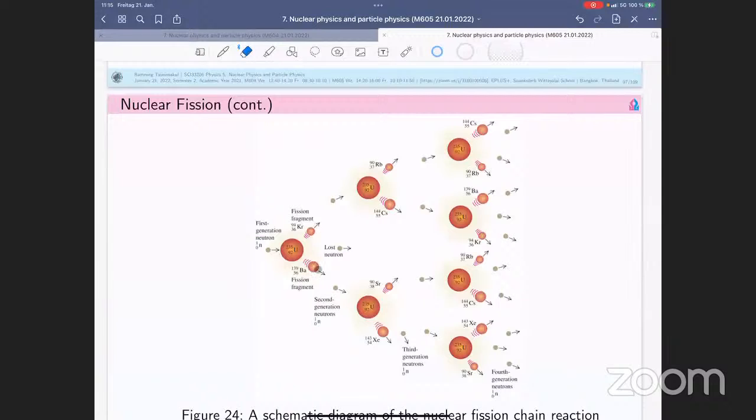Now we got more here. Krypton and barium moving. We also get neutrons, and some of the neutrons don't hit anything; they are just lost. Some of the neutrons will hit uranium-235 again, and it produces strontium and xenon, right?